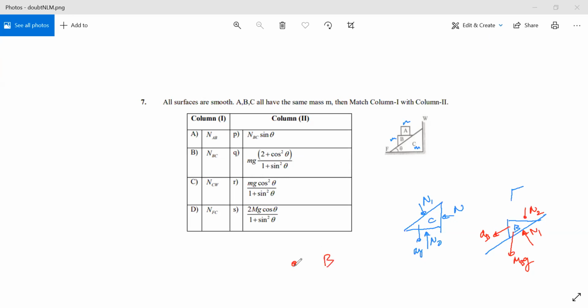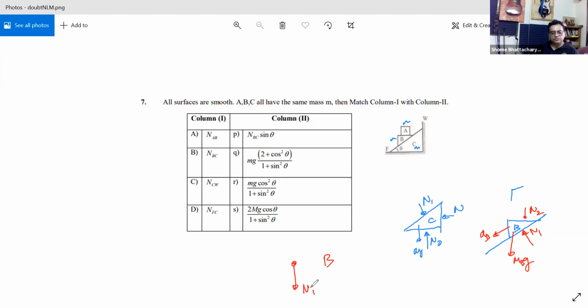So for B, my FBD will have N2 acting vertically downwards, N1 acting at theta to the vertical, and mg also acting like this. The masses are all the same. So if this has an acceleration aB like this, what is the net force down the inclined plane? It will be N2 plus mg's sine component. Correct?